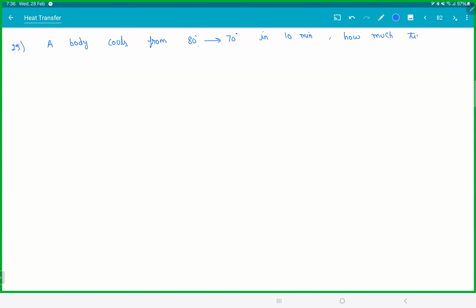How much time does it take to cool from 70 degrees to 60 degrees, if the temperature of the surrounding is, let's say, 30 degrees? Assume Newton's law of cooling.